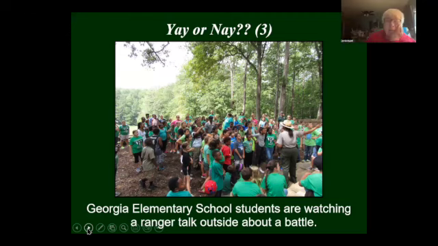Also, is that present progressive, are watching? We want watch or watches. Students watch or kids watch. Many kids in green shirts watch a person in an iconic flat hat point to the trees, point behind her.